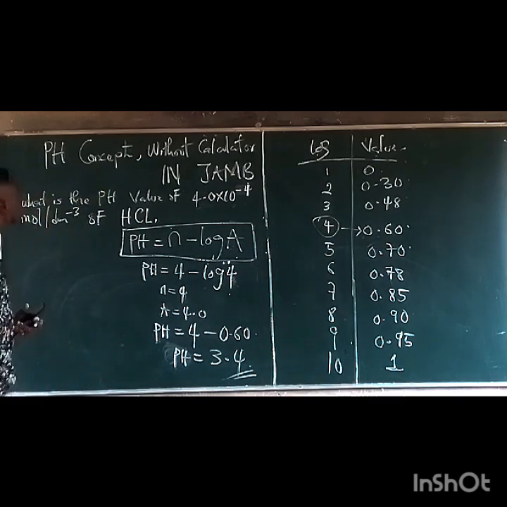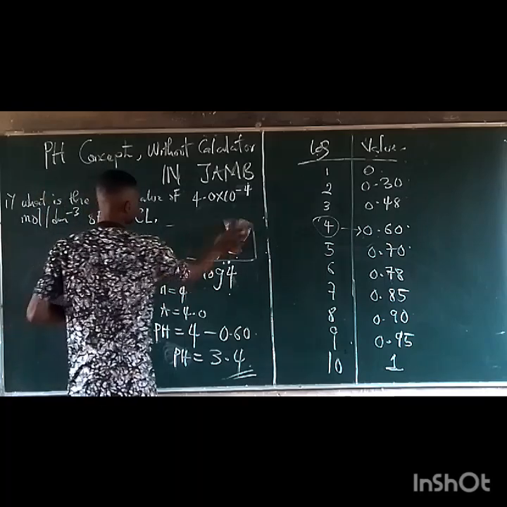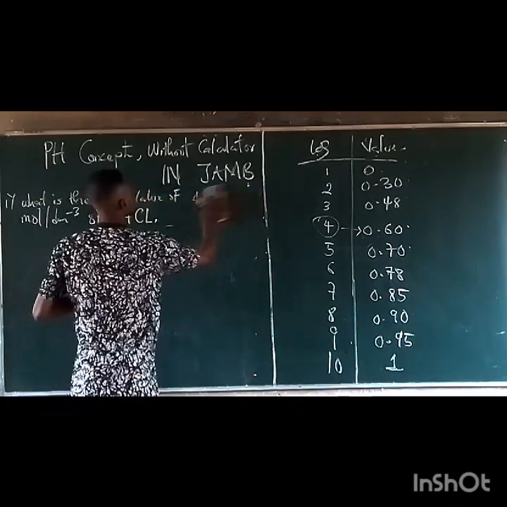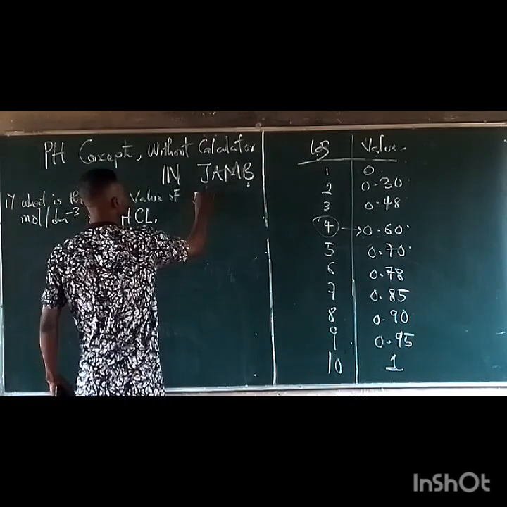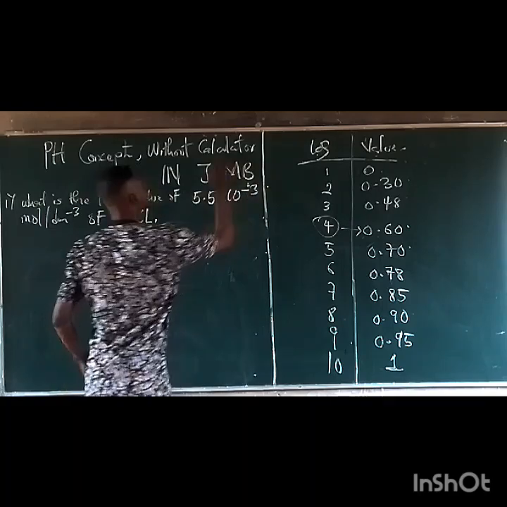Now let's look at the question: what if it is 4.5 or any value ending in 0.5? Let me change the value. What if this is 5.5 times 10 raised to the power minus 3?